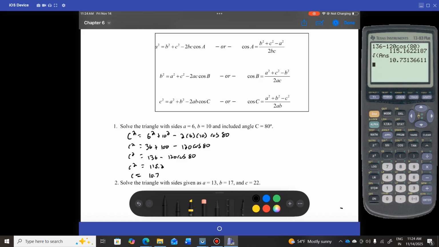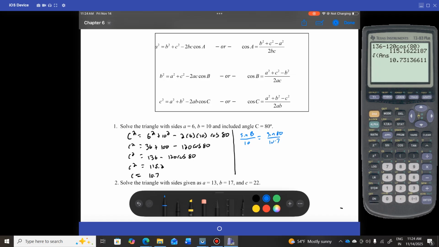Alright, so now we got all sides. We need to get another angle. And so this is where law of sines comes in. Because we have side 10.7, instead of using these more complex formulas to solve the angle, we're just going to use law of sines. So if I want sine of angle B, it's going to be 10 over sine of 80 over 10.7.